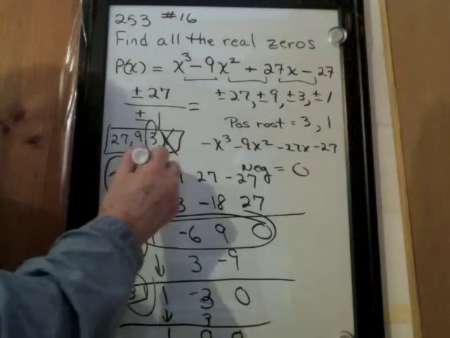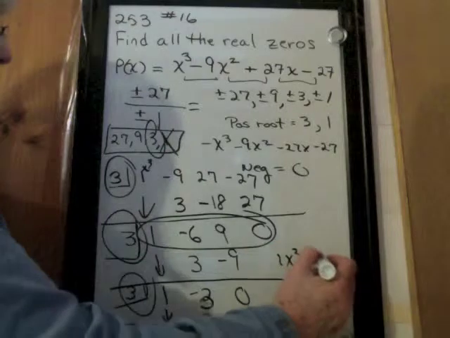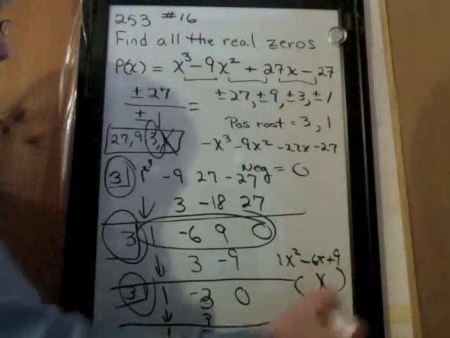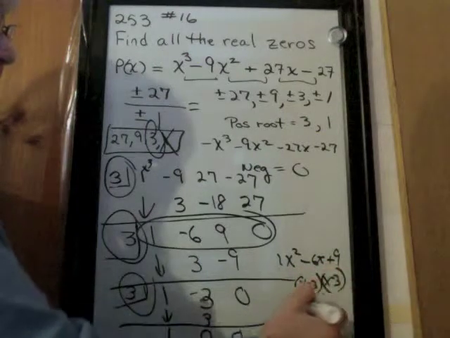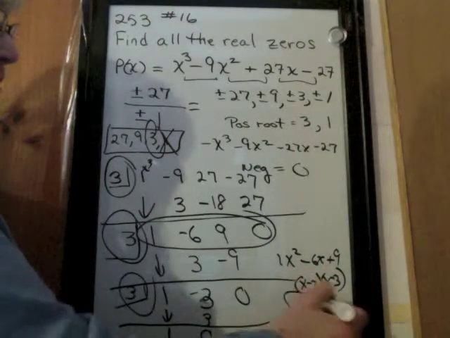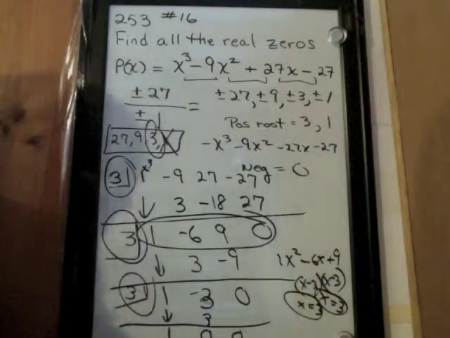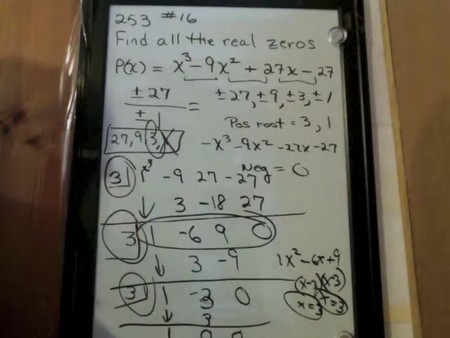This was x to the third. This is 1x squared minus 6x plus 9. And I could have tried to factor that. And I would get x minus 3, so x equals 3. I would have gotten those other two parts of the triple root that way. So you can also go back to factoring or continue using synthetic.